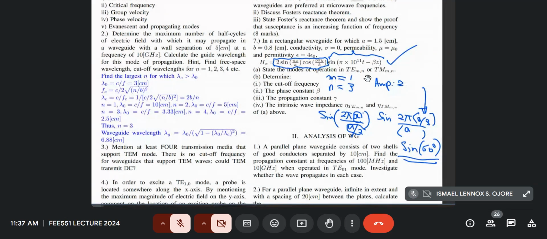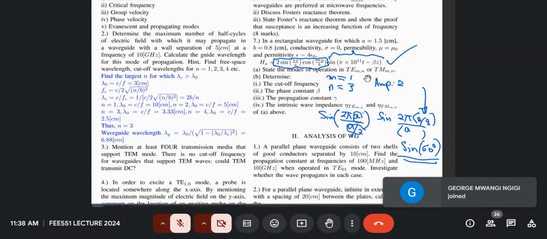In this case, where we are given HX, in a transverse electric, what does not exist? What does not exist in a transverse magnetic mode? From the name, the axial component of E.